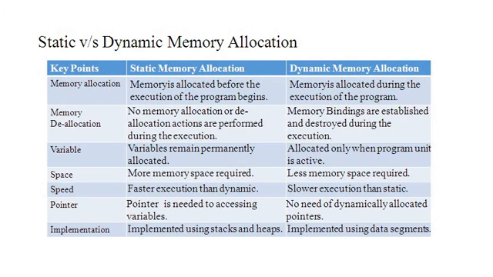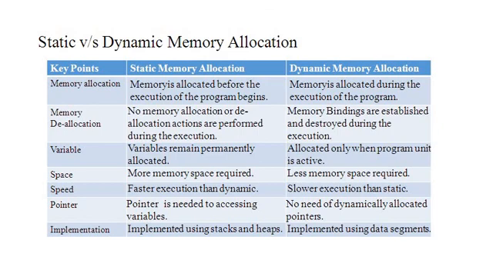Third is variables. In static allocation variables remain permanently allocated, while in dynamic memory allocation they are allocated only when the program unit is active. According to space, static allocation requires more memory space, while dynamic memory allocation requires less memory.